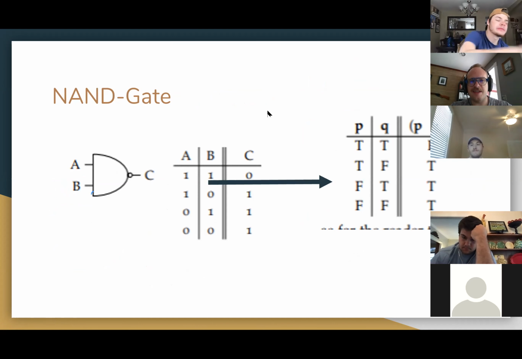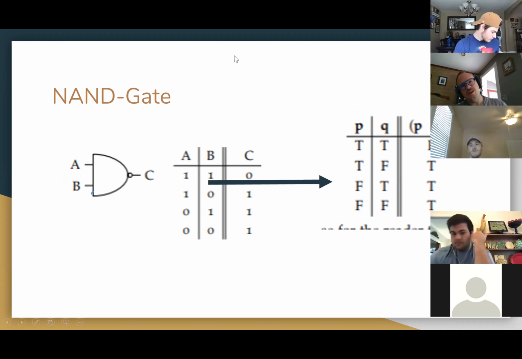So this NAND gate is actually very similar to a logical operator that we haven't used in TFL, but one that exists in other languages called the Sheffer stroke. And it's at least somewhat philosophically controversial, what operators are important to include in language.